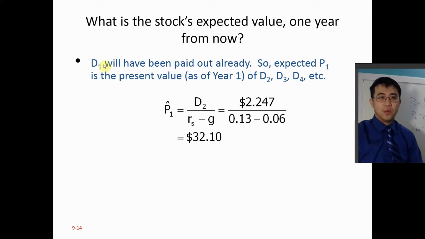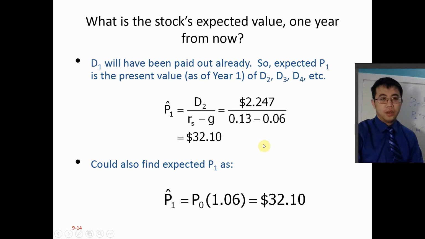You do not receive dividend 1, so it is not part of your cash flow from the stock. Your cash flow starts from dividend 2, and then you use the same formula and do the math to get the price.